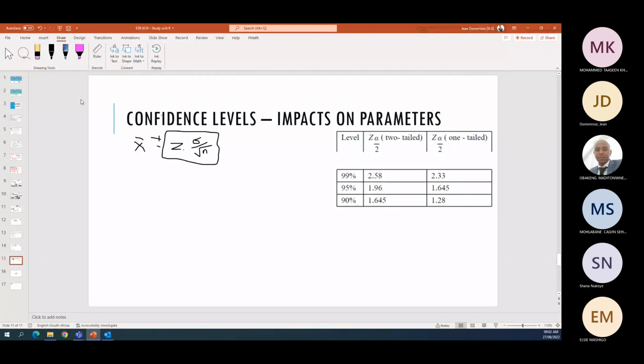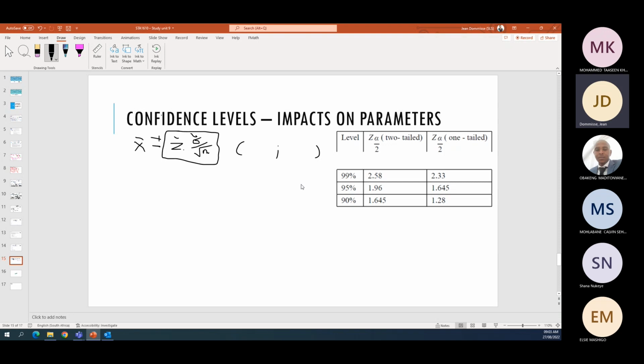So there's three things that can influence this. A lot of the questions will say, if you change the confidence level, what will the impact be on your confidence interval? Or if you change your standard deviation, what will the impact be? If you change your sample size, what will the impact be?